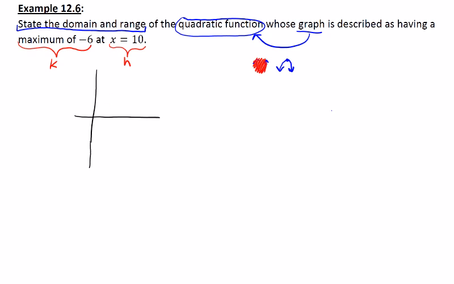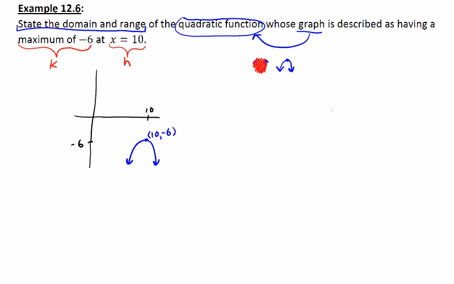So if I was looking at this just from a crude sketch perspective, there's 10, let's say that's -6. Then at the point 10, -6, I should draw my parabola that opens down. That's the point 10, -6.